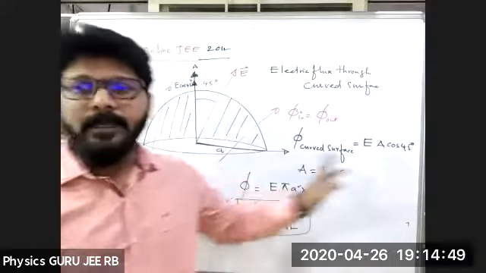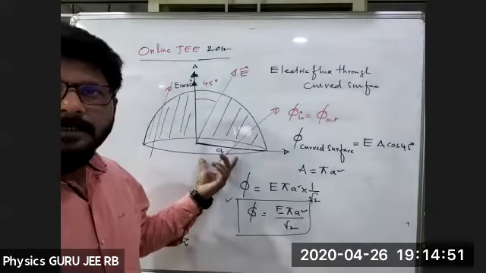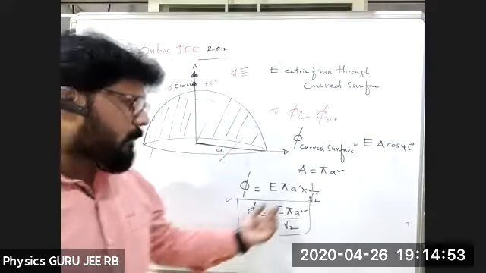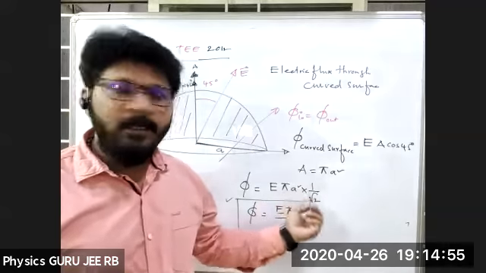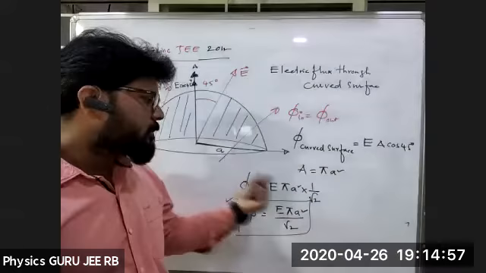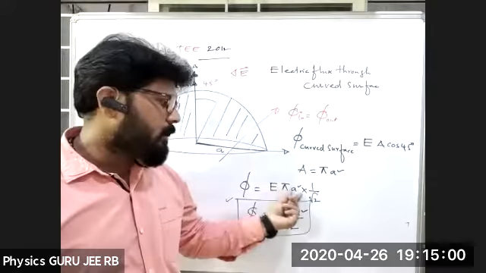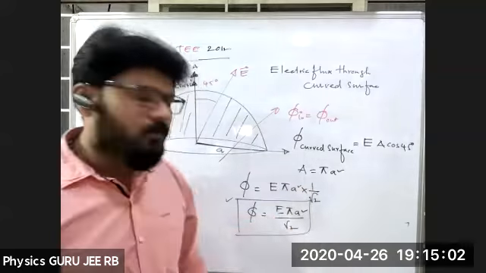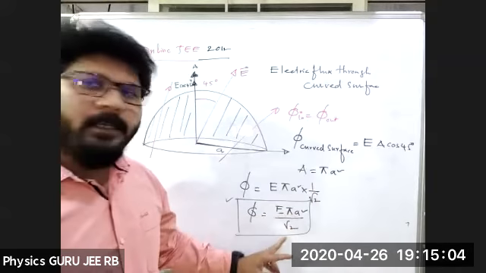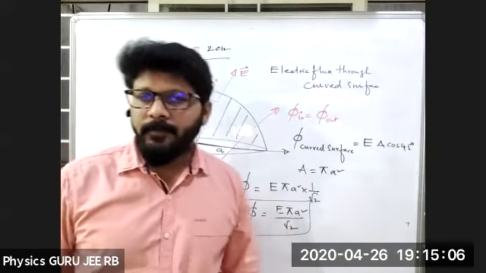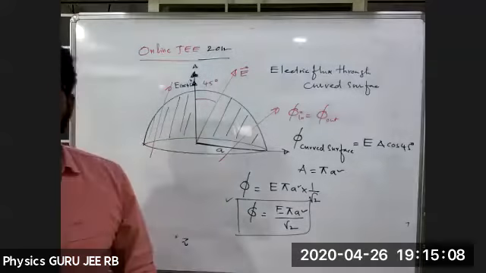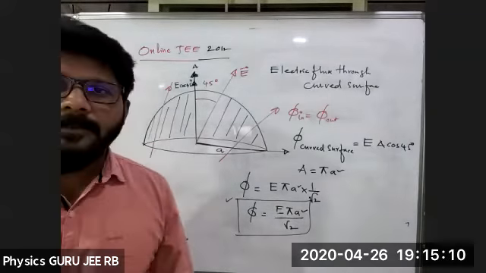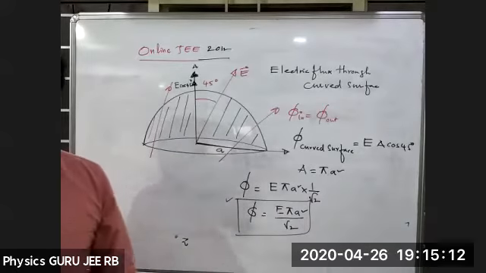The area is pi r square, here the radius is given as A. So E into pi A square into 1 by root 2. Phi is equal to E pi A square by root 2. Okay, so that is the solution for it. We understood this one. Take a screenshot.